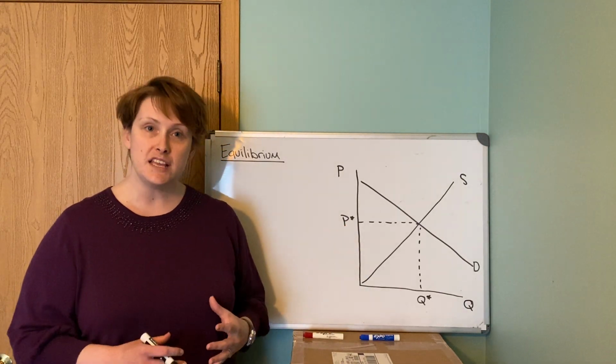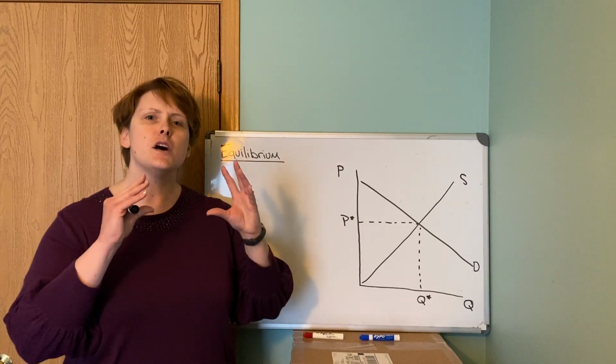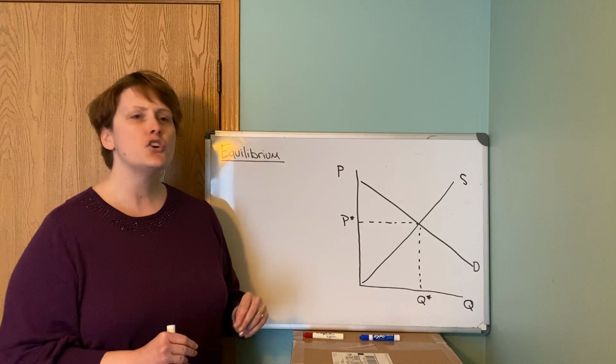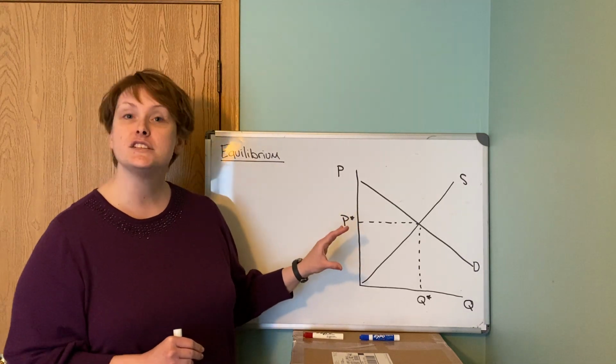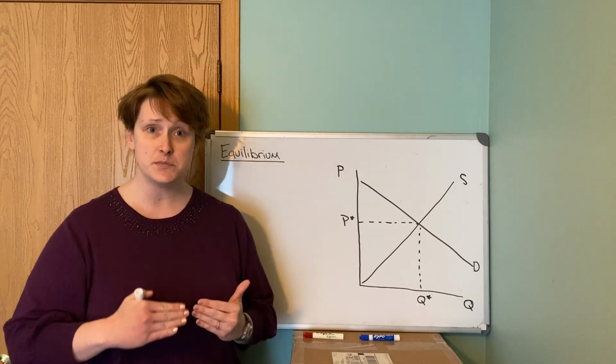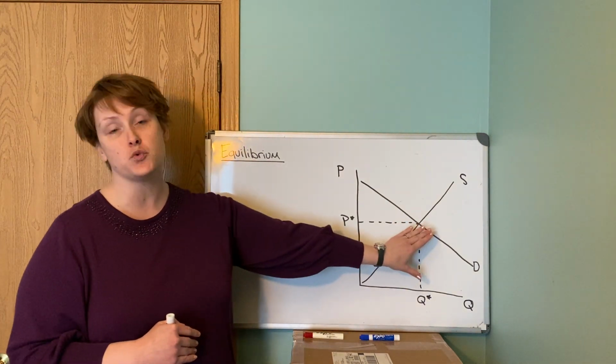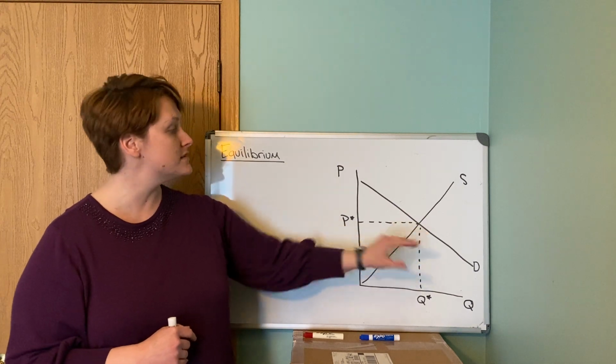And when we're in equilibrium, what we view prices as is a market signal. So our market and our buyers and our sellers are actually going to go through this adjustment process, and competition is going to drive us towards these equilibrium prices.